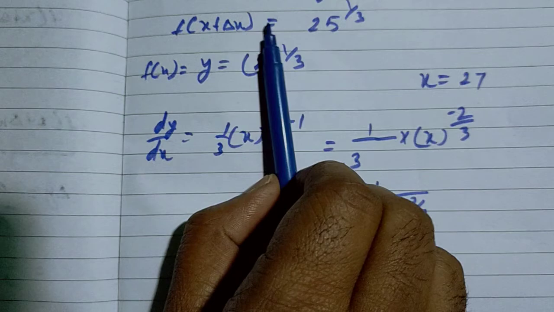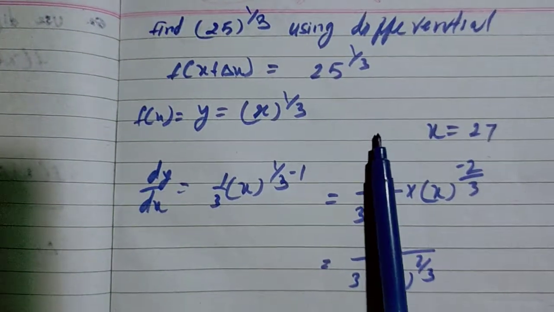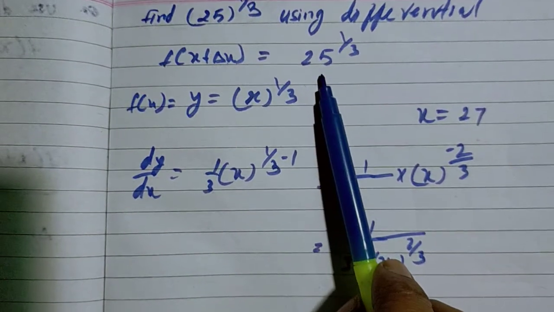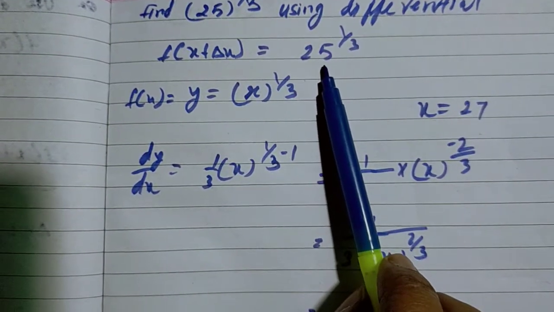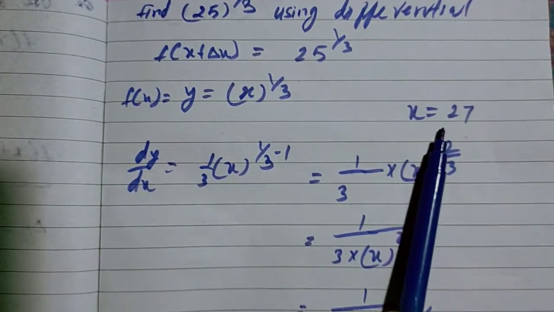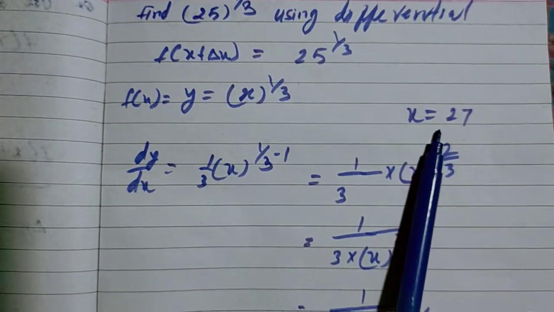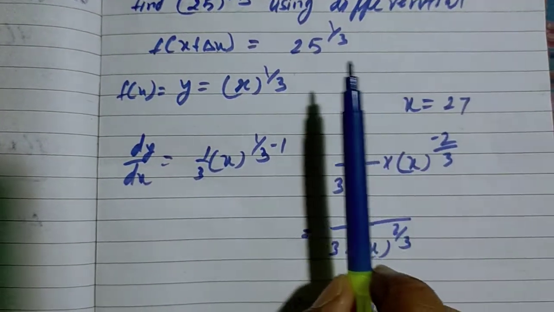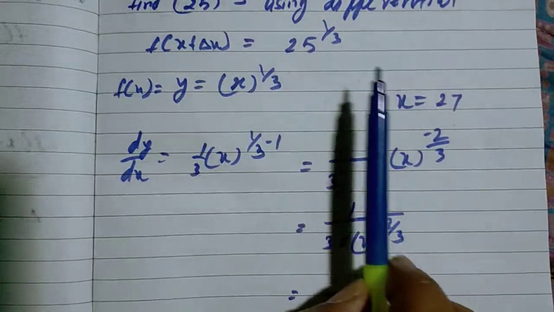If that is the exact value we are looking for, here the given is 25, given is 25, we are taking 27, x is 27. What is given? Given is 25, but we are taking 27.